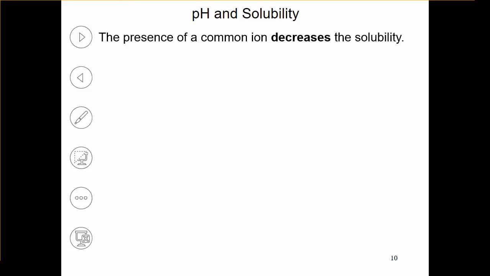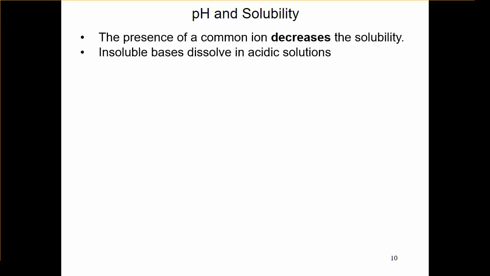Okay, so the pH can change solubility because of a reaction that may be occurring. Insoluble bases dissolve in acid solutions. So we just saw a calcium hydroxide solution. It was a fairly insoluble thing. We did this in the lab too, right?